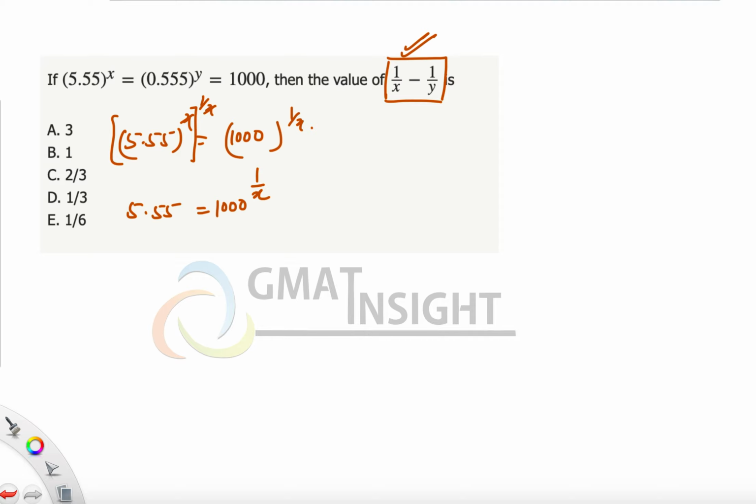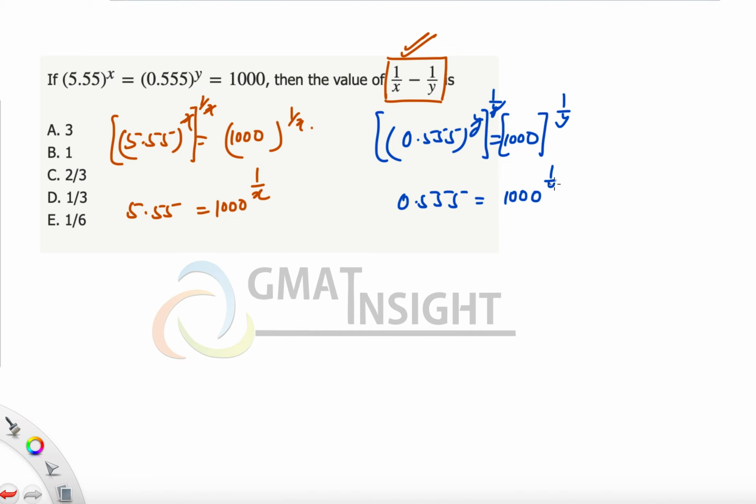The similar exercise I'm going to do with the other information, which is 0.555 raised to the power y is equal to 1000. So we can once again take the power 1 upon y both sides, and that way we have 1 upon y available at some place, and this becomes 0.555 is equal to 1000 to the power 1 upon y.